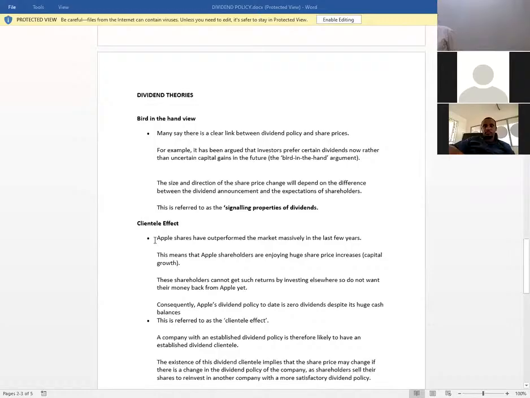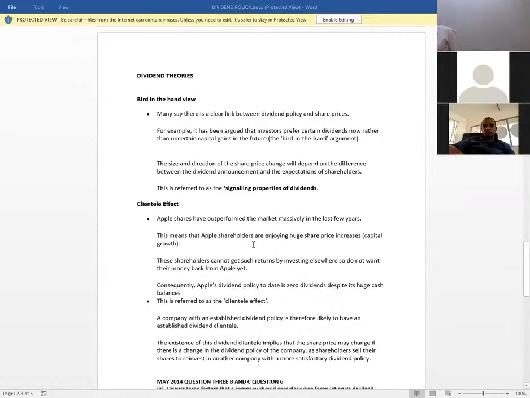The next one, ladies and gentlemen, the other theory which is quite important is what we call the clientele. It's quite easy. Like they're telling us, Apple shares have outperformed the market massively in the last few years. This means that Apple shareholders are able to enjoy huge share price increases, capital growth. These shareholders cannot get such returns by investing elsewhere, so do not want their money back from Apple yet.